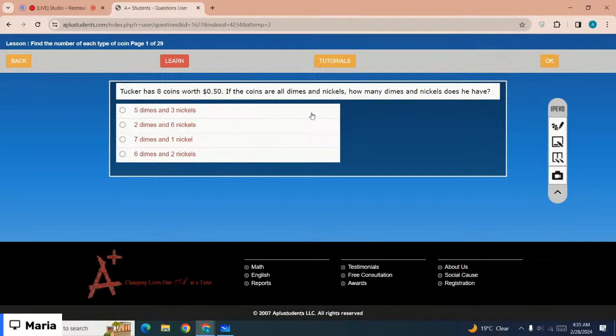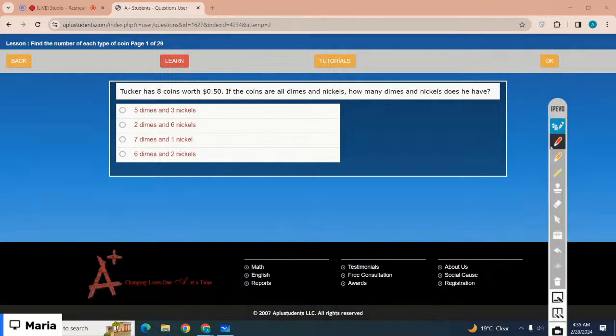So the dimes are worth 10 cents, right? That means 0.10.